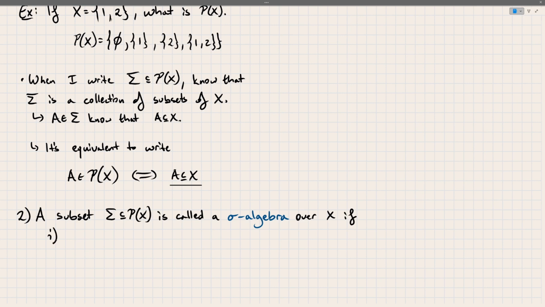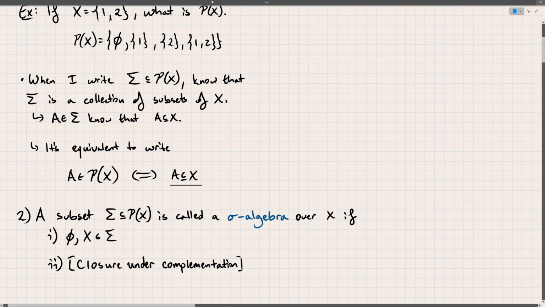The first one is that the empty set and X are elements of sigma. The second condition you can call closure under complementation, meaning I can take complements and I remain inside the set.